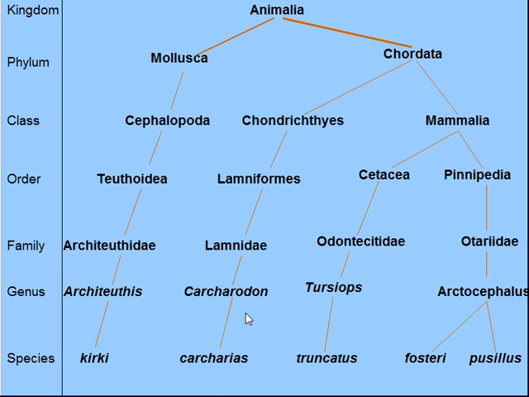The great white shark, Carcharodon carcharias, and the bottlenose dolphin, Tursiops truncatus, Arctocephalus forsteri, Arctocephalus pusillus, for the two seals. So there you go. Basically you're following these things back to when they had a common ancestor.